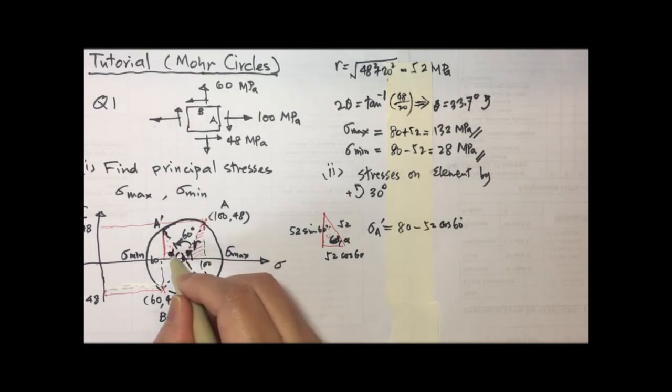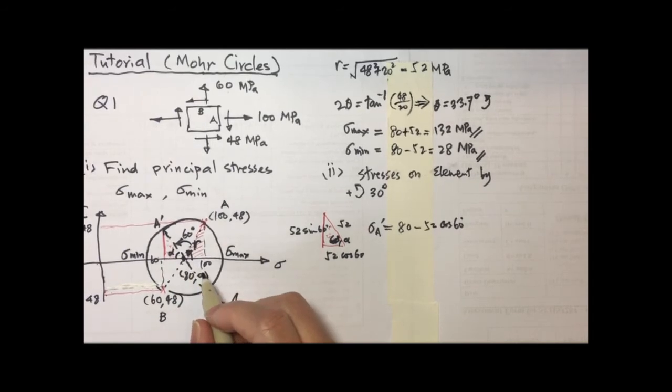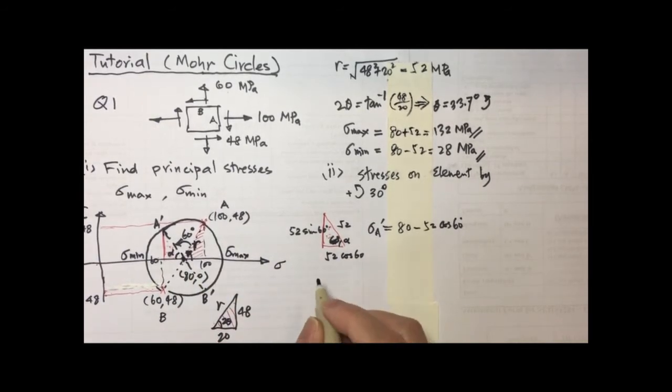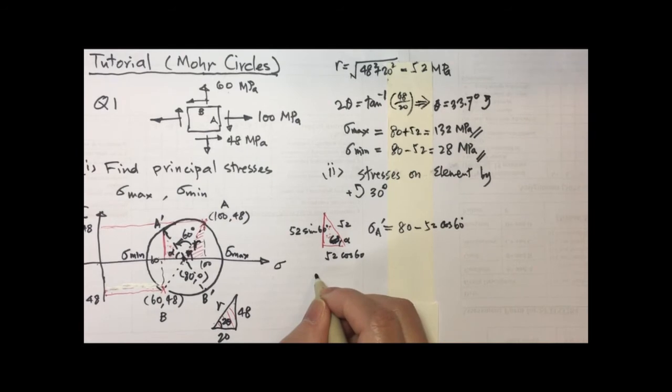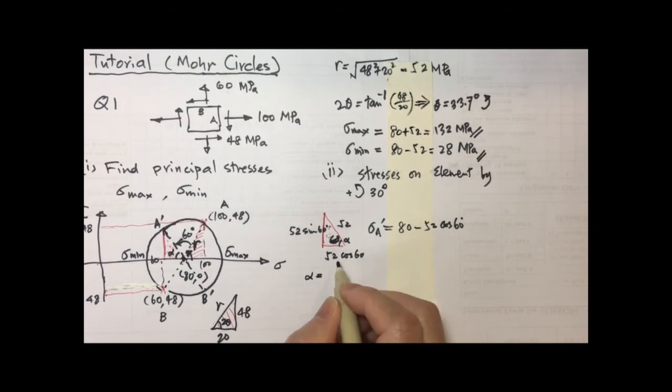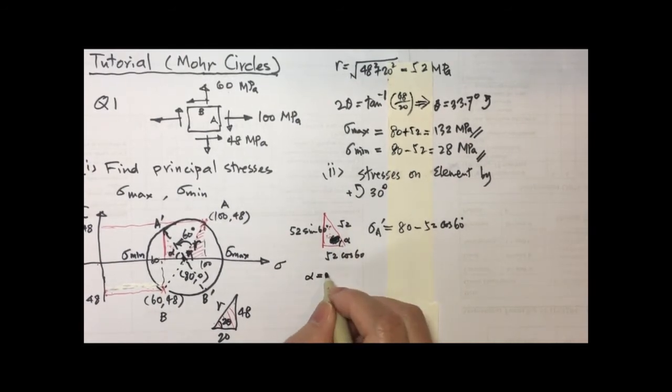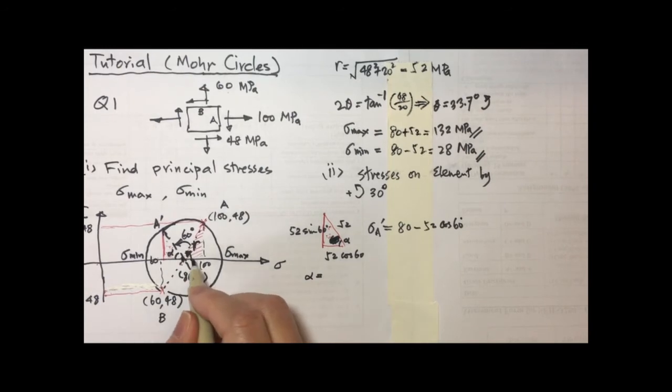Alpha equals to 180 minus this angle and minus 60, right?